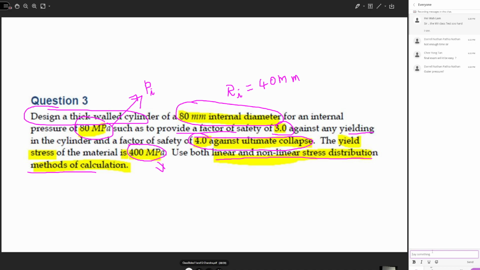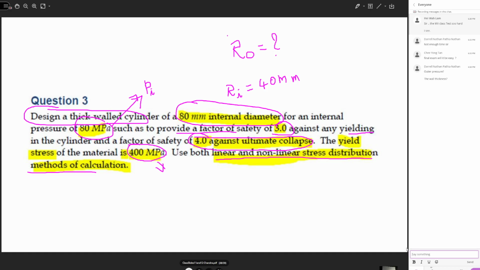It is the wall thickness, indirectly simply the outer radius. So you need to calculate the outer radius. Your design constraint is that you maintain an inner radius of 40 mm, to design a thick wall cylinder which can withstand 80 megapascals pressure, with the safety factors given, and the yield stress of the material is 400 megapascals.